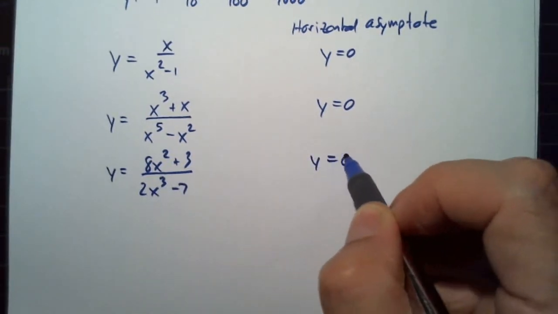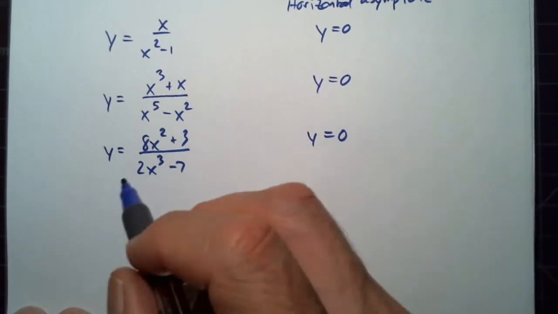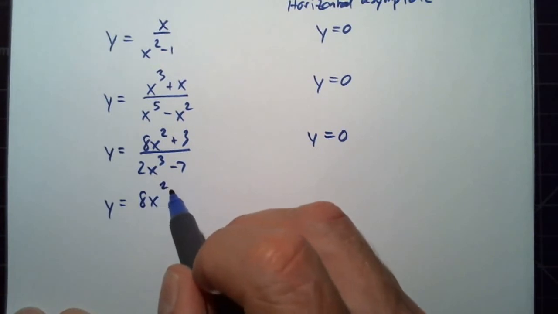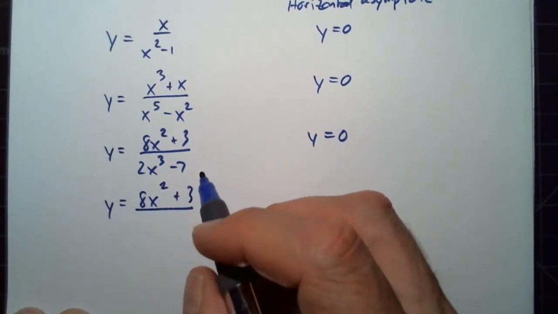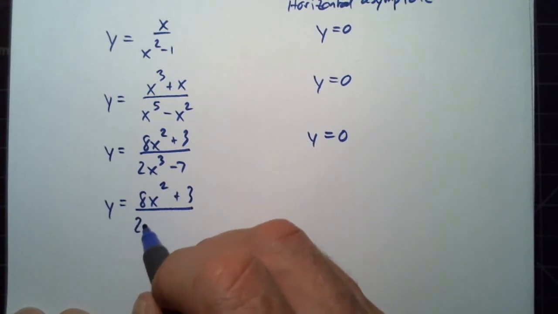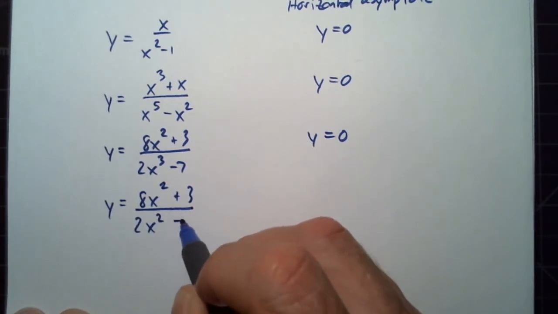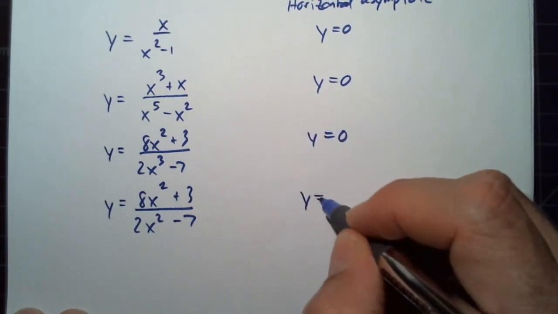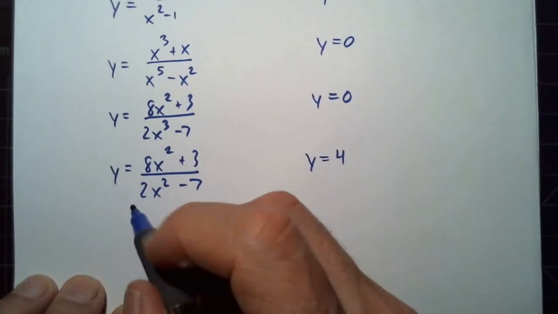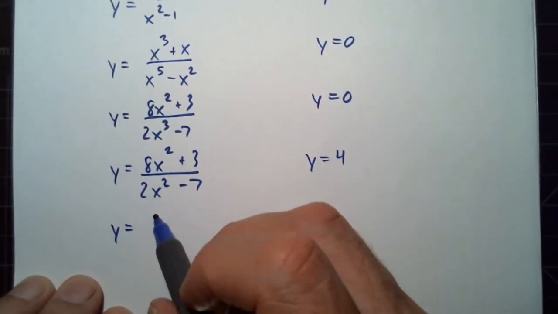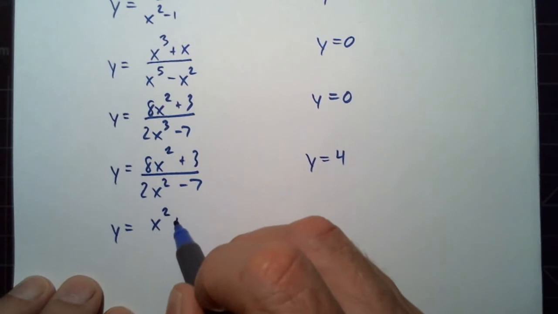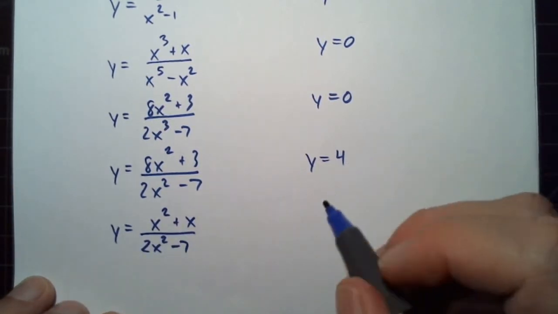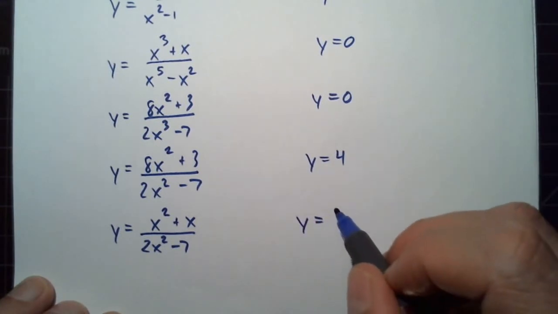And that has a horizontal asymptote of y equals 0. And this doesn't have a horizontal asymptote of y equals 0. It has a horizontal asymptote of 4. This has a horizontal asymptote of 1/2.